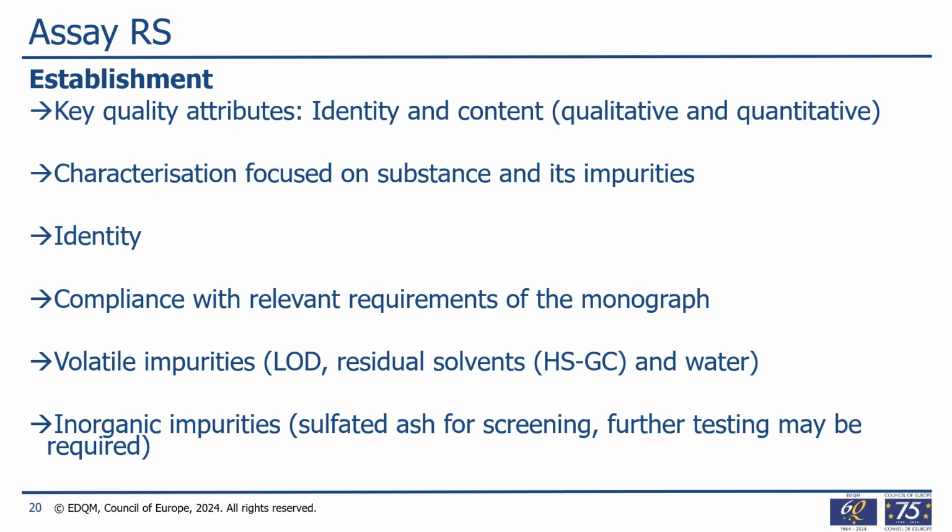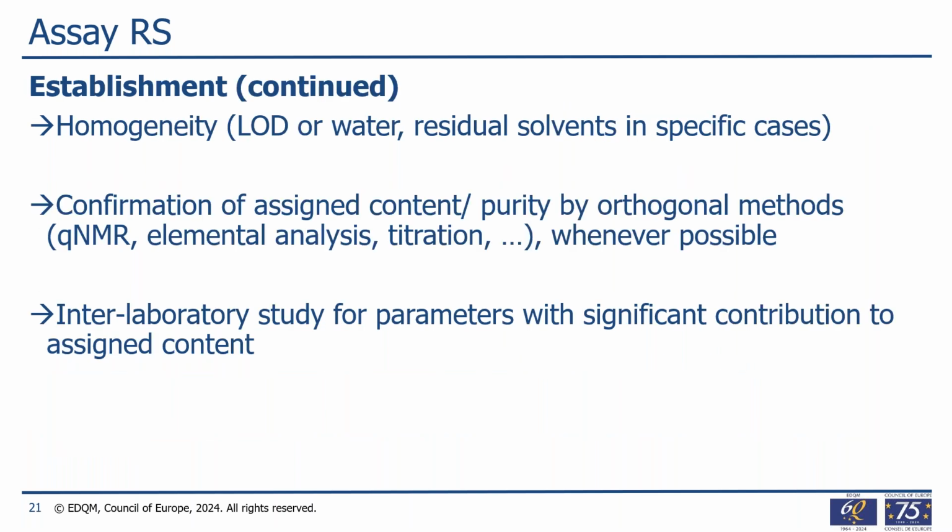We verify the presence of inorganic impurities, mostly by a screening with sulfated ash, and we could also perform further testing if required. We verify the homogeneity of the substance, usually by loss on drying or water, but also by residual solvents in specific cases where this could be pertinent.